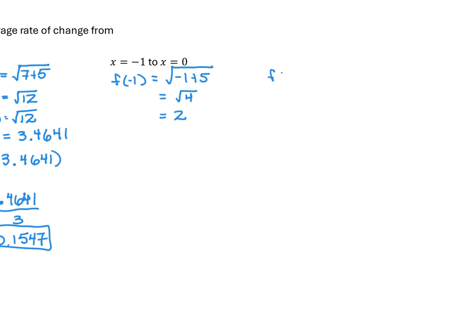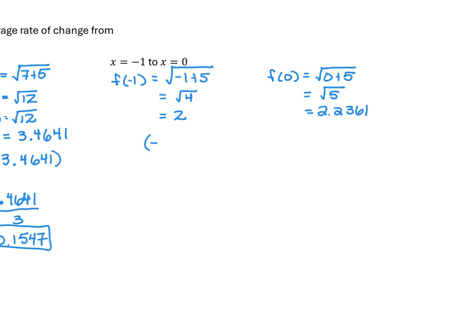If we plug in 0, we get the square root of 0 plus 5, which is the square root of 5. And if we approximate this, the square root of 5 is approximately 2.2361.